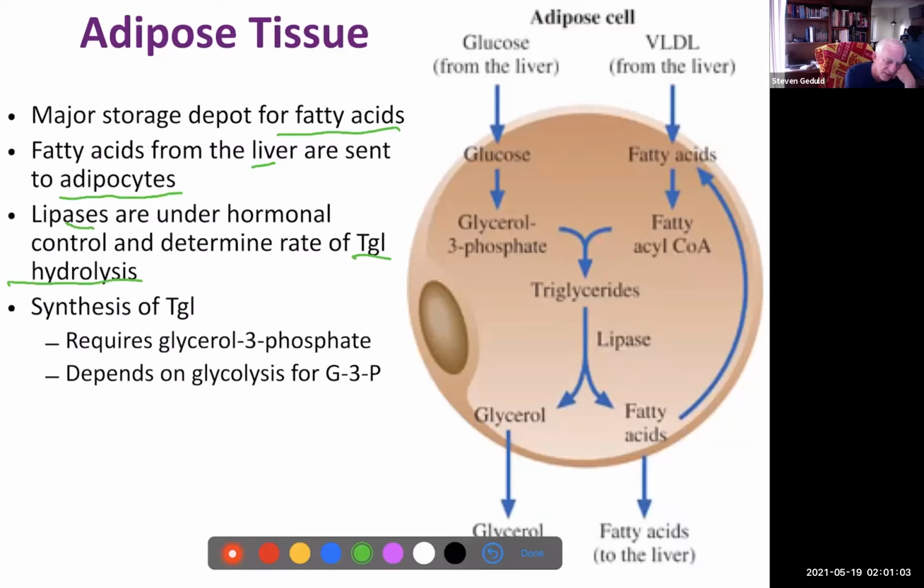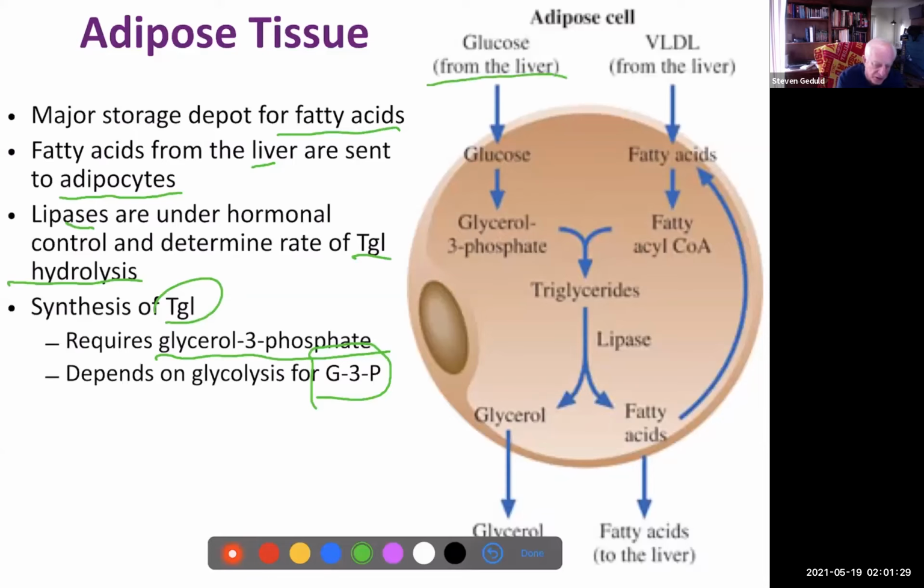The synthesis of triglycerides requires glycerol 3-phosphate, and glycolysis to produce that glycerol 3-phosphate. So when you synthesize the triglycerides, you have to be able to break that glucose down into glycerol 3-phosphate to be able to store it. In the adipose cell, this is your adipocyte right here.